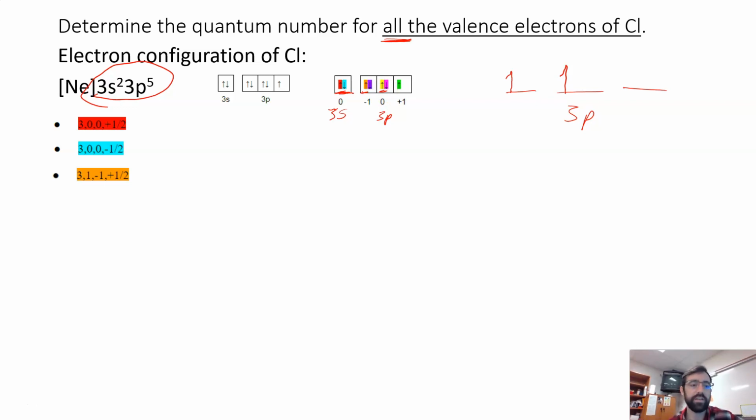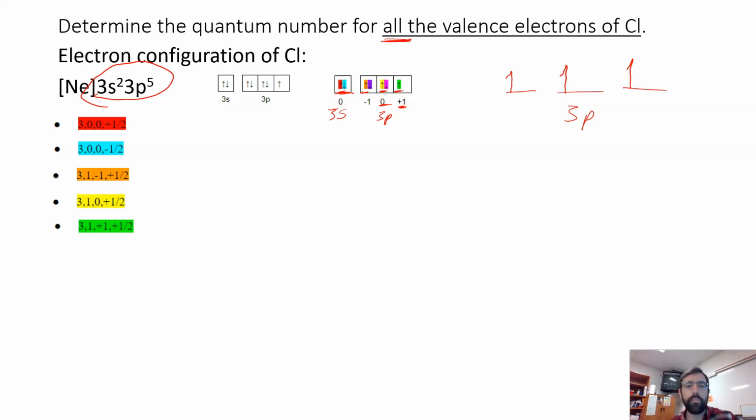So it's still in the 3p, so it'll be 3, 1. In this case, it's on that 0 orbital, and it's up, so that'll be +1/2. So 3, 1, 0, +1/2. The next electron would be up again, and it's that green arrow. 3, 1, +1, because it's over here, and then +1/2 because it is an up arrow.